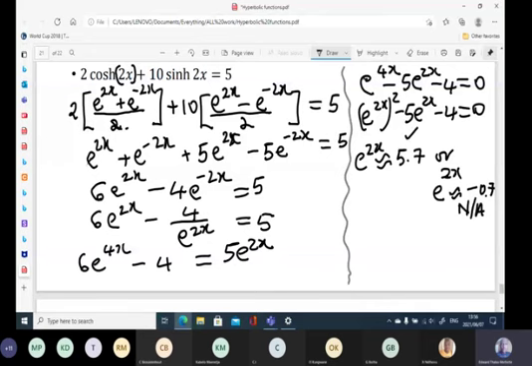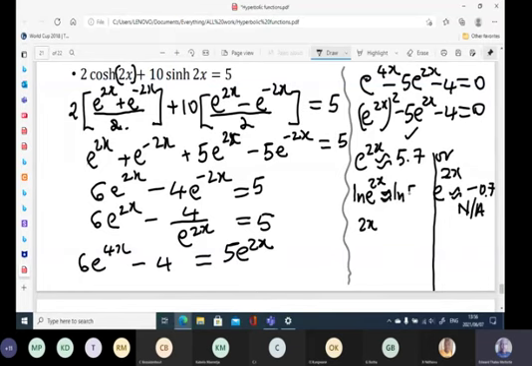So this means we have ln of e to the power 2x is approximately equal to 5.7. So 2x is approximately equal to ln of 5.7.